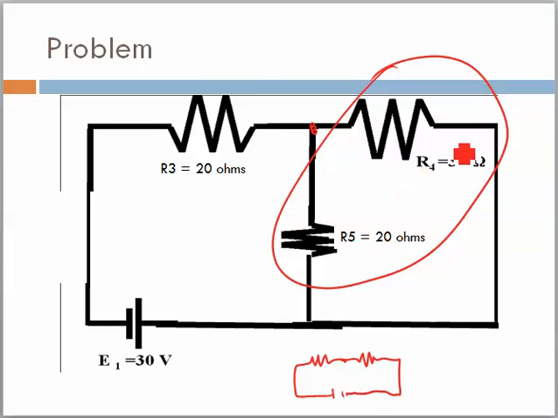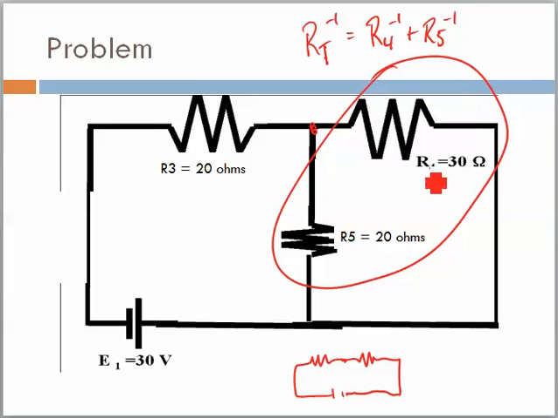So how would we do that? Well, we would take these and use our parallel circuit rules. We take these two resistors and find their total resistance by taking the inverse of them.